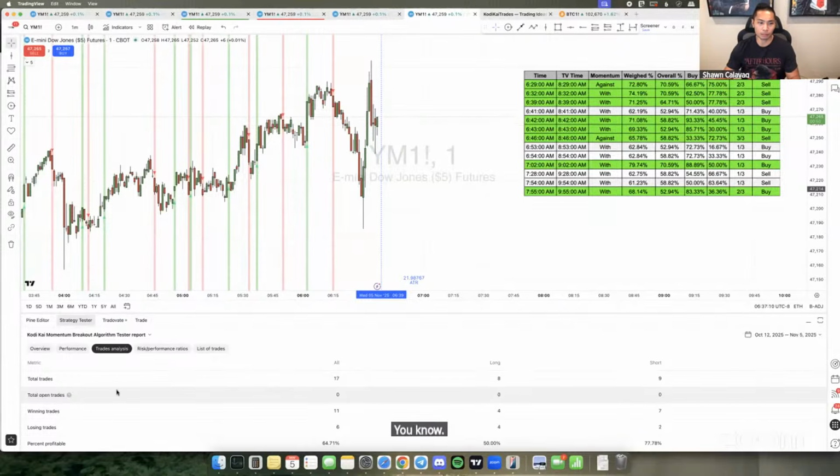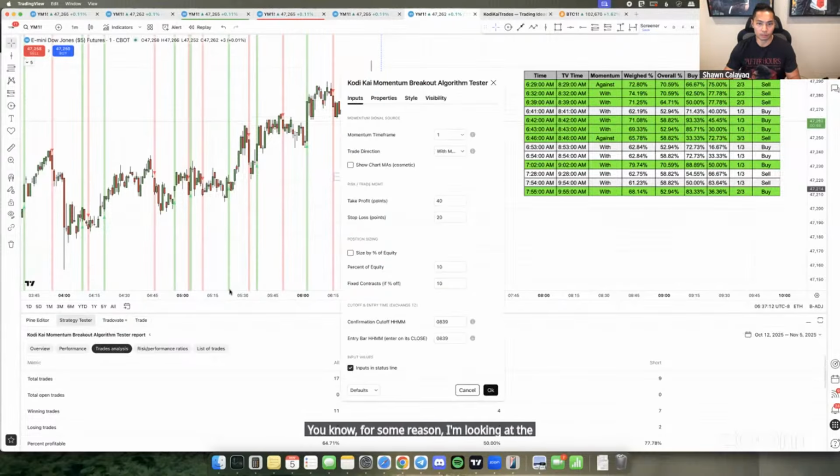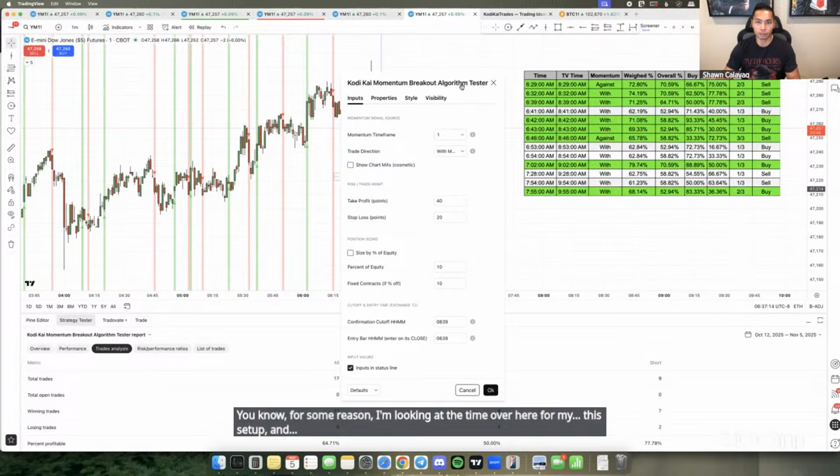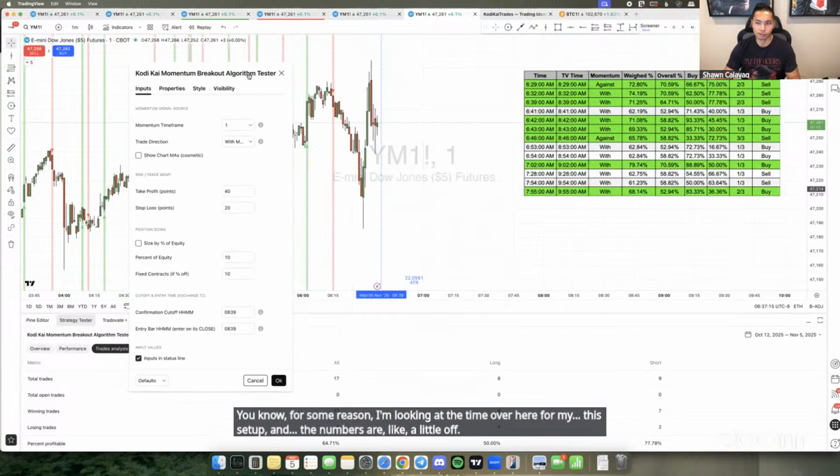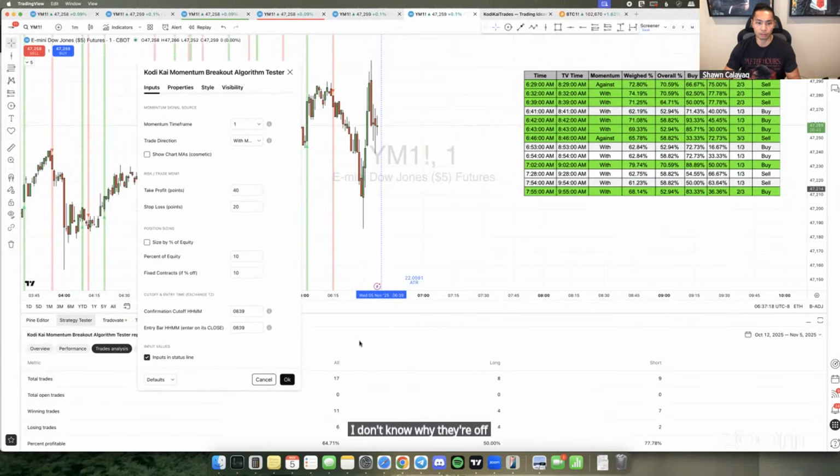For some reason, I'm looking at the time over here for this setup, and the numbers are a little off. I don't know why they're off, but they are off for the 39 entry. Hmm, it's weird.